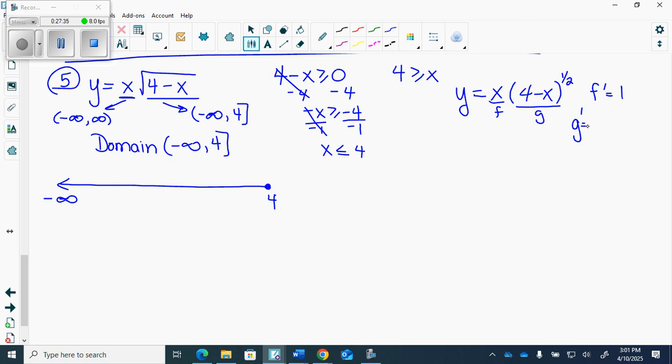So this one is going to be 1/2 times 4 minus x to the negative 1/2 times negative 1, because of the derivative of the inside. So I get negative 1/2 times 4 minus x to the negative 1/2. Okay. So y prime equals g times f prime.